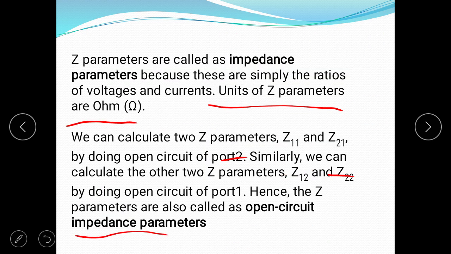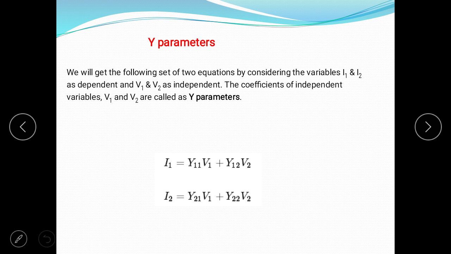For admittance parameters we will get a set of two equations by considering the variables I1 and I2 as dependent and V1 and V2 as independent. The coefficients of the independent variables V1 and V2 are called admittance parameters or Y parameters.